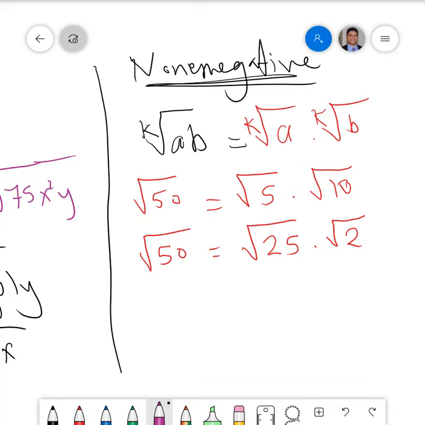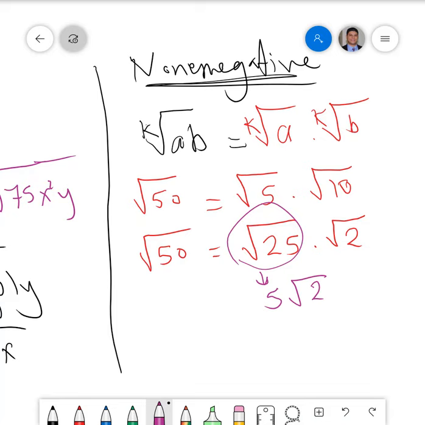And we know that we can simplify square root of 25 as 5, so it will be 5 radical 2. So here the best way to simplify a radical expression is to factor the radicand into prime factorization.